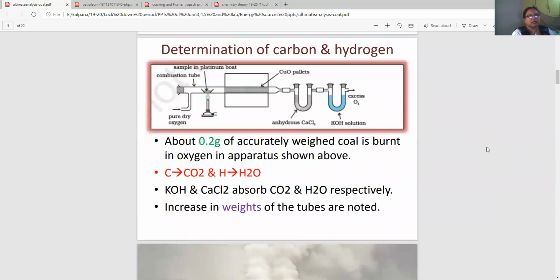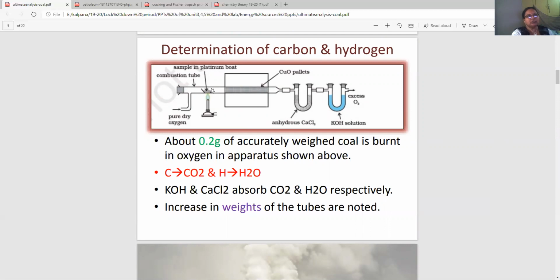Okay. So, determination of carbon and hydrogen first. This is a figure which gives us a representation of how carbon and hydrogen undergo combustion reaction. About 0.2 grams of accurately weighed coal sample is burned in oxygen in the apparatus above.